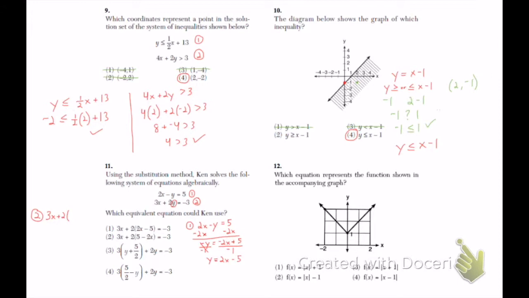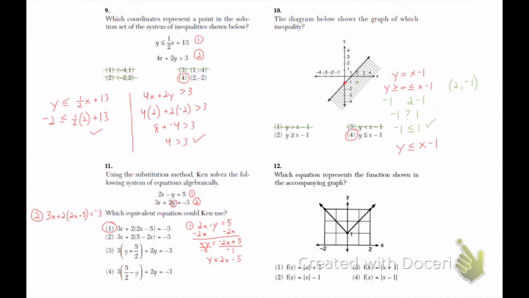So what does y equal? Well, we found that y equals 2x minus 5. So 3x plus 2 times (2x minus 5) equals -3. So when we look at our choices, we see that choice number 1 is our correct answer.